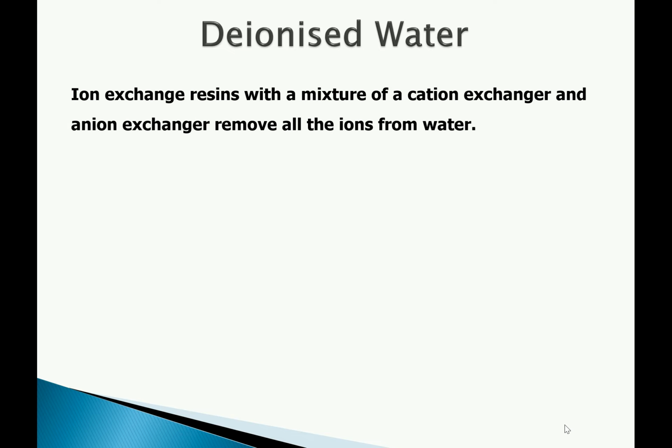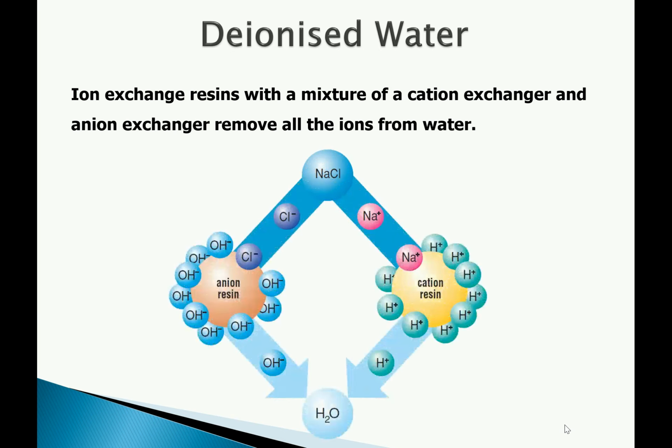And to do this, what we end up using are two different resins. So we have a cation exchange resin, which is going to exchange all of our positive ions. So whether this was a sodium, a calcium, a magnesium, anything positively charged, it will replace them with H pluses. We also have an anion exchange resin, which is going to replace all our negatively charged ions.